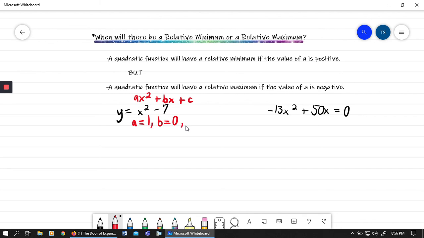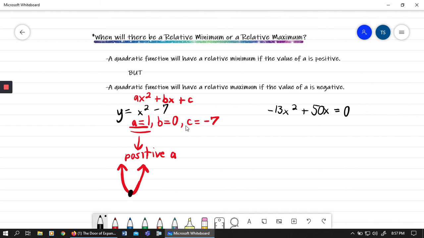But again, because the value of a here is positive, that lets us know that we're going to have a relative minimum. Okay, so the shape of this parabola is going to be a U shape that opens upward, and it is going to have a relative minimum because the value of a was positive.